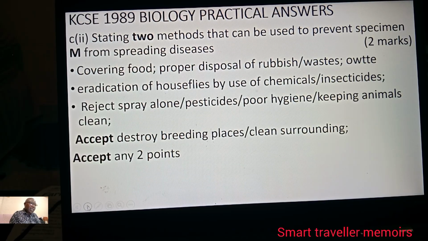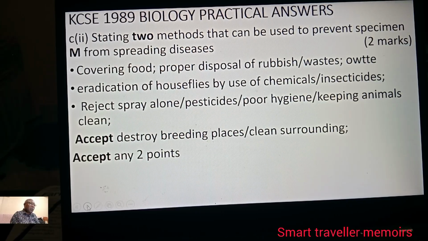Question 3c, Roman 2. State 2 methods that can be used to prevent specimen M from spreading diseases. 2 marks. Covering food. Tick. Proper disposal of rubbish or wastes, or ones to that effect.